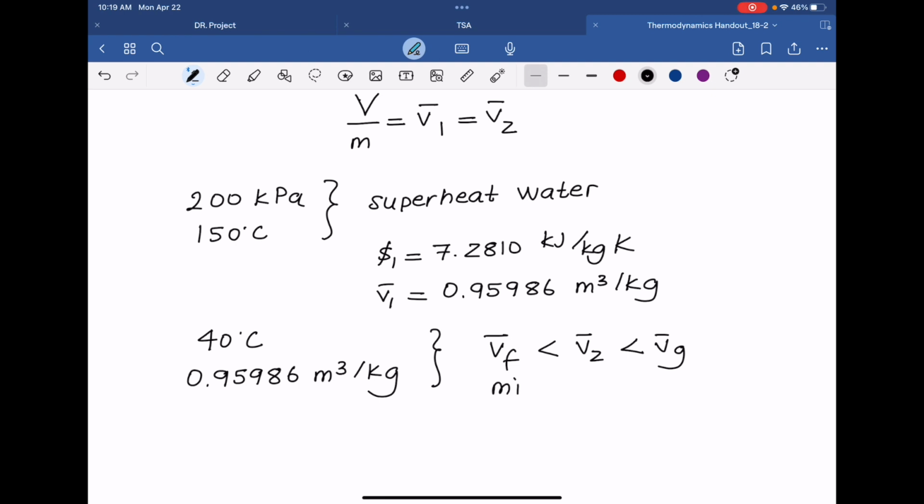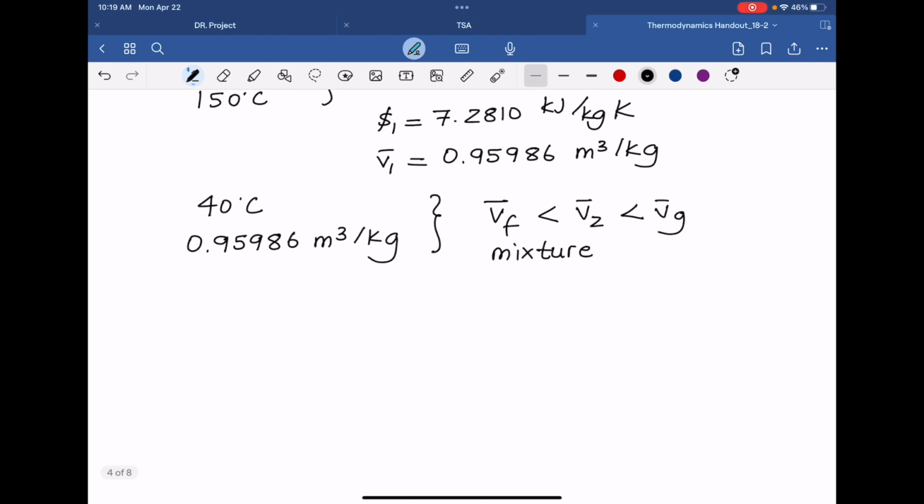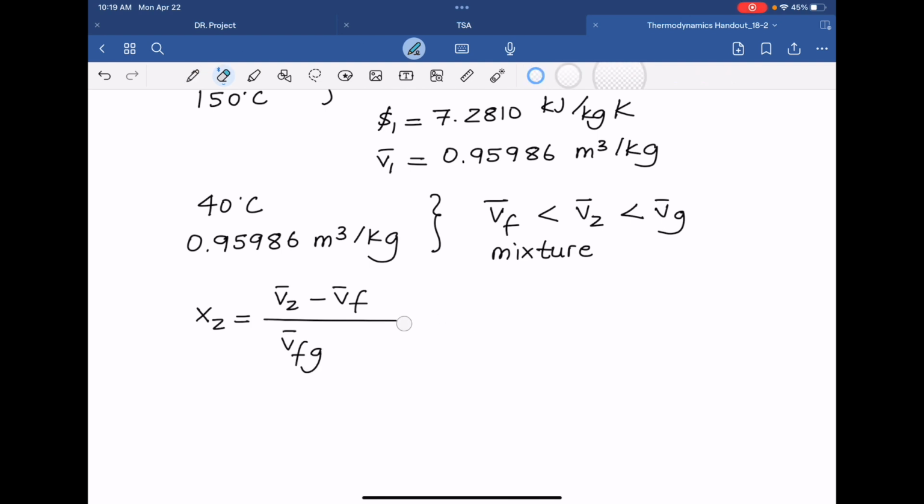Therefore, you have a mixture. When you have a mixture, in order to calculate the specific entropy, you need quality. And the only known property to calculate quality in this case is specific volume. So we're going to read those numbers from the tables and calculate it.